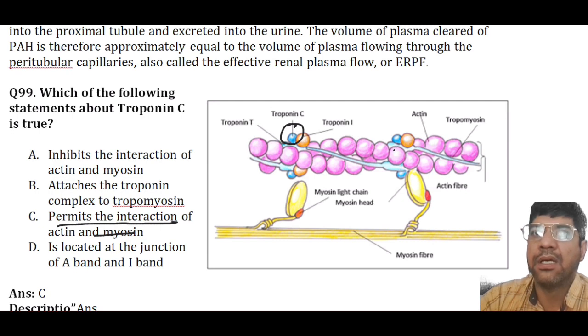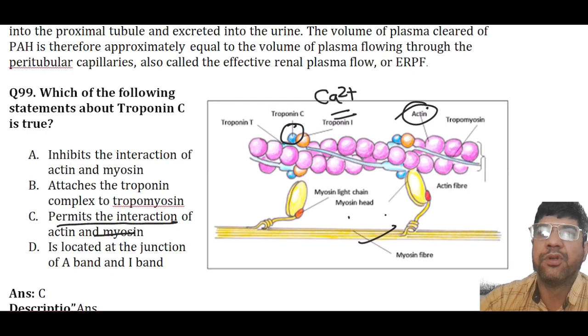So when the calcium binds to the troponin C, it will cause a conformational change in the tropomyosin complex, allowing the myosin to bind to actin and start the contractile process. So it permits the interaction of actin and myosin.